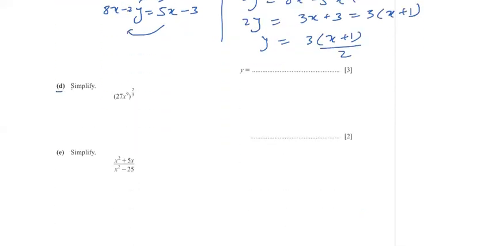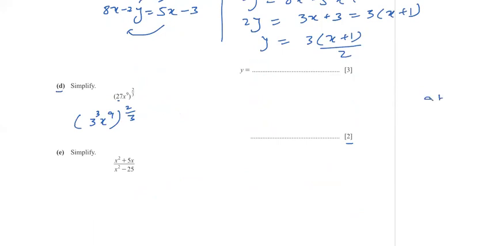Number D is simplify 27x to the power 9 whole power 2 over 3. 27 we can write as 3 power 3, x to the power 9 whole power 2 over 3. Don't use a calculator in this one, it is 2 marks and you must show your knowledge of indices. Now 3 power 3 I can separate it.